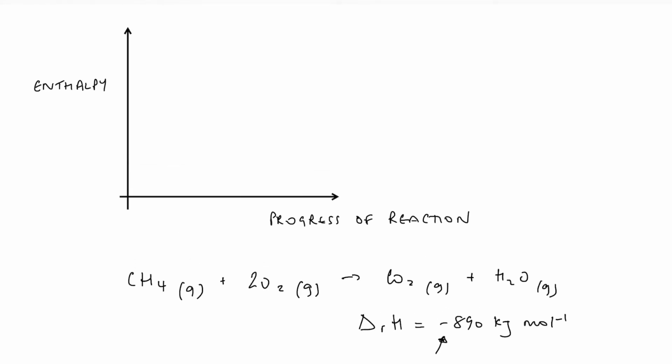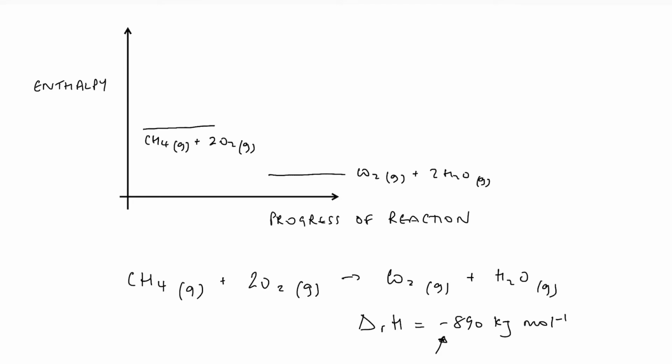In terms of showing this on an enthalpy level diagram, we might have our reactants here, so CH4 gas plus 2O2 gas, and our products down here. So we've got carbon dioxide and water.